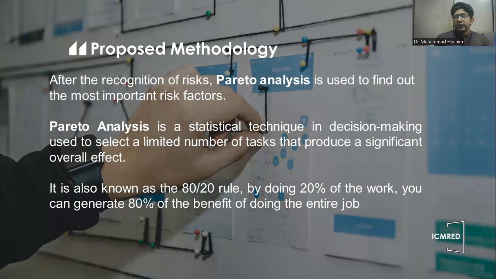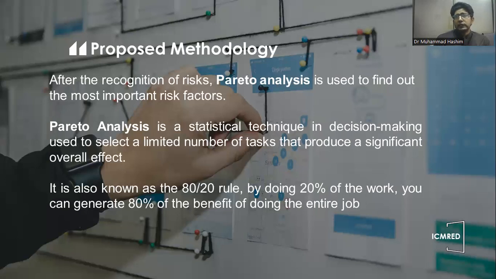After the recognition of risk, Pareto analysis is used to find the most important risk factors. Pareto analysis is a statistical technique in decision making used to select a limited number of tasks that produce a significant overall effect. It is also known as the 80-20 rule. By doing 20% of the work, you can generate 80% of the benefit of doing the entire job.